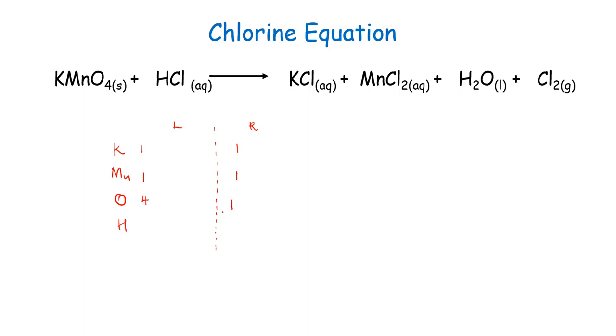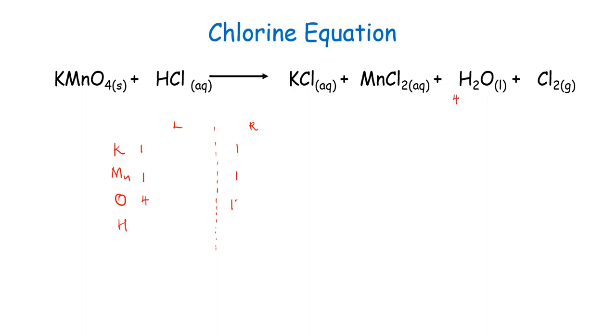So from here we can start balancing our oxygen atoms by ensuring that oxygen on the right hand side is equal to oxygen on the left hand side. We shall put a 4 on water by introducing 3 more water molecules. So we have an invisible 4 here, which means we now have 4 oxygen atoms.